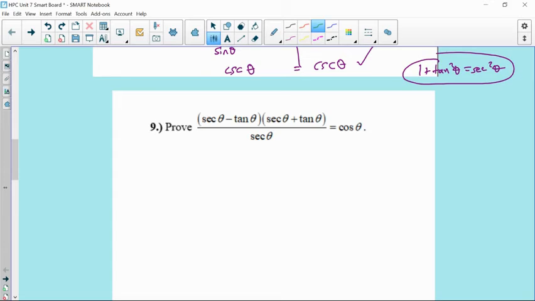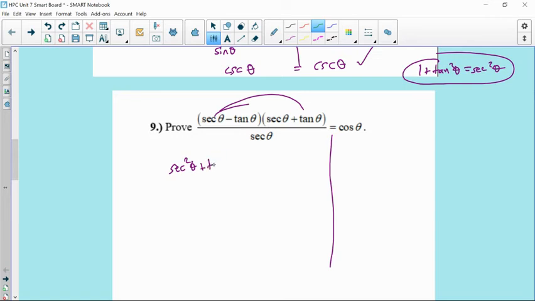So let's find out. Again, you just use the left side, and let's distribute this out. Secant times secant would be secant squared theta. And then we get plus secant tangent theta, but then we get its opposite right there, which is really nice: minus secant tangent theta.